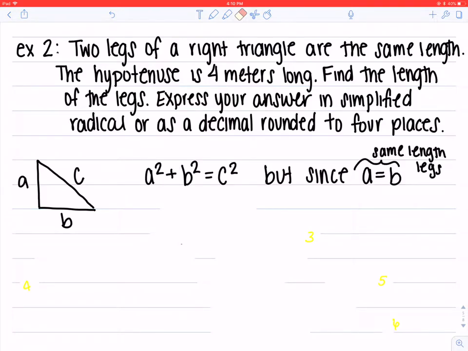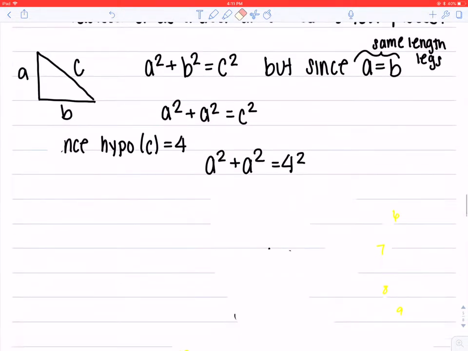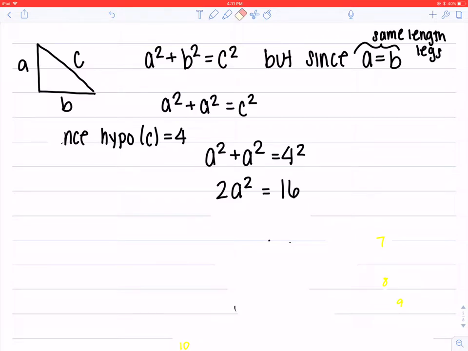And then because the legs are the same length, a equals b. So where I have my Pythagorean theorem, I'm going to replace b with a. Because a and b are the same thing, I'm going to fill in a squared plus a squared equals c squared. Now, because the hypotenuse c equals 4, I'm going to fill in c equals 4. So a squared plus a squared equals 4 squared, which is going to give me, combine up the left, simplify the right, 2a squared equals 16.